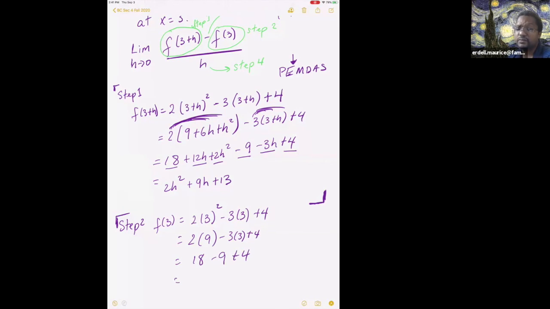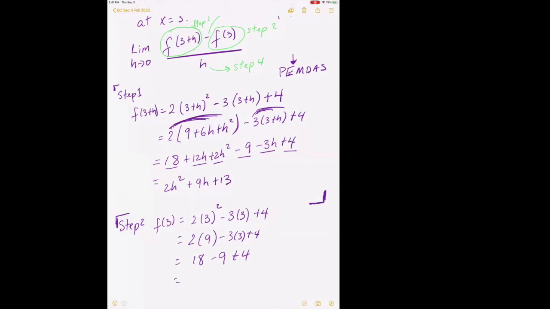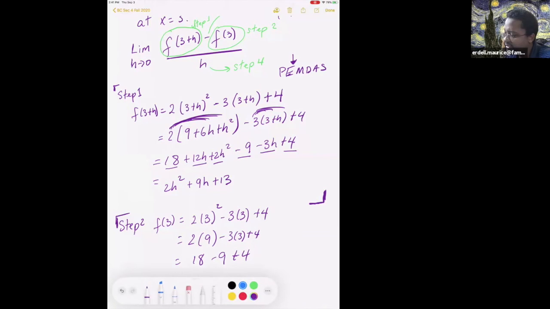Wait a minute. Haven't I seen these 3 numbers somewhere before? 18, -9, and 4. Was it in the previous equation, the one we just did? 18, -9, positive 4.